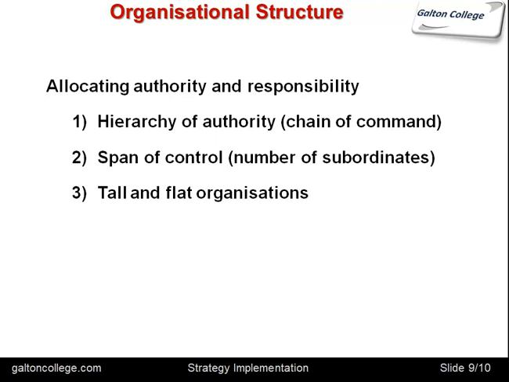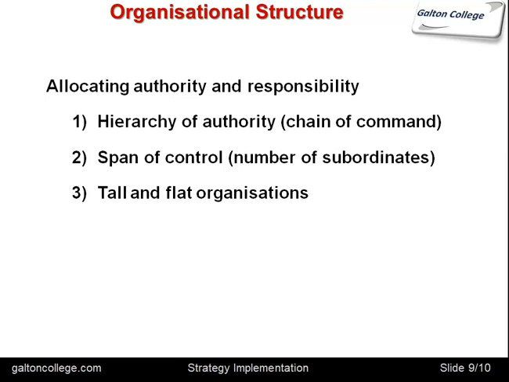And we'll go back to it, the tall and flat organizations, which we need to bear in mind when we talk about authority, because ultimately it's the CEO or managing director who has the authority for just about everything within the business, has power over the business. But businesses can be complex, and the managing director or the CEO can't control everything, can't know everything.